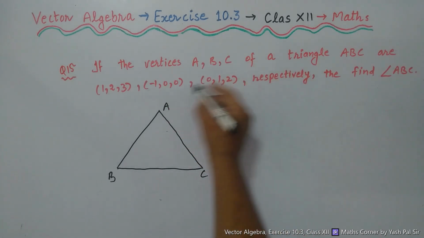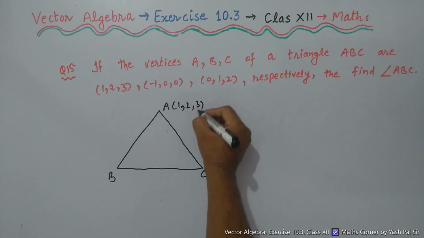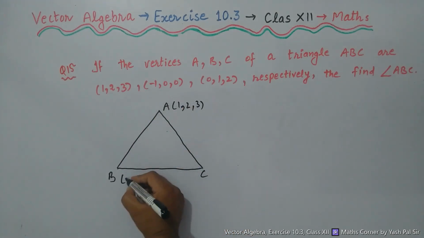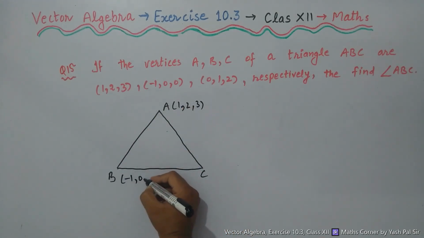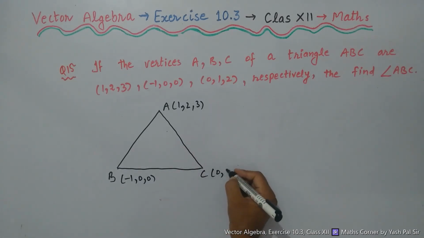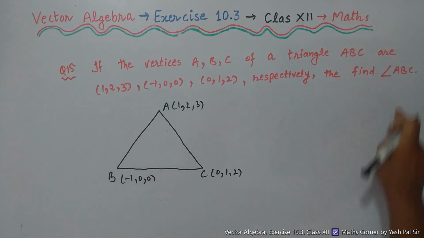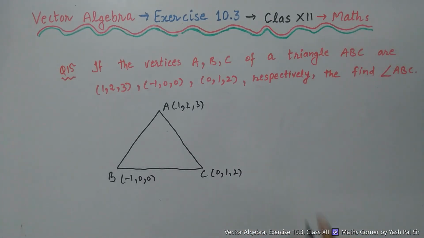The coordinates of A are (1, 2, 3), B are (-1, 0, 0), and C are (0, 1, 2). So how do we find angle ABC?